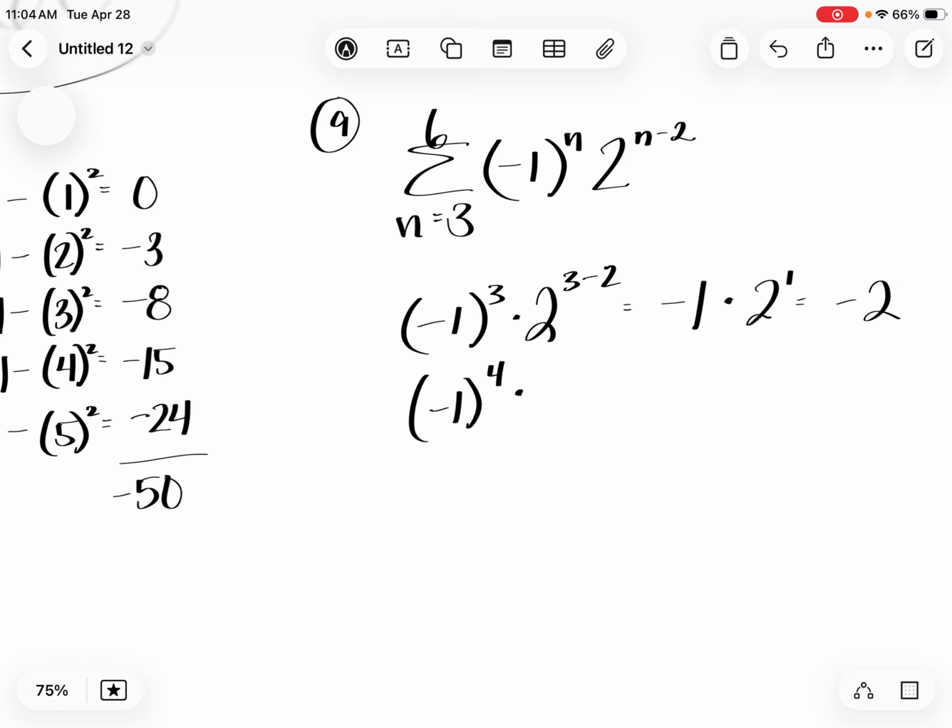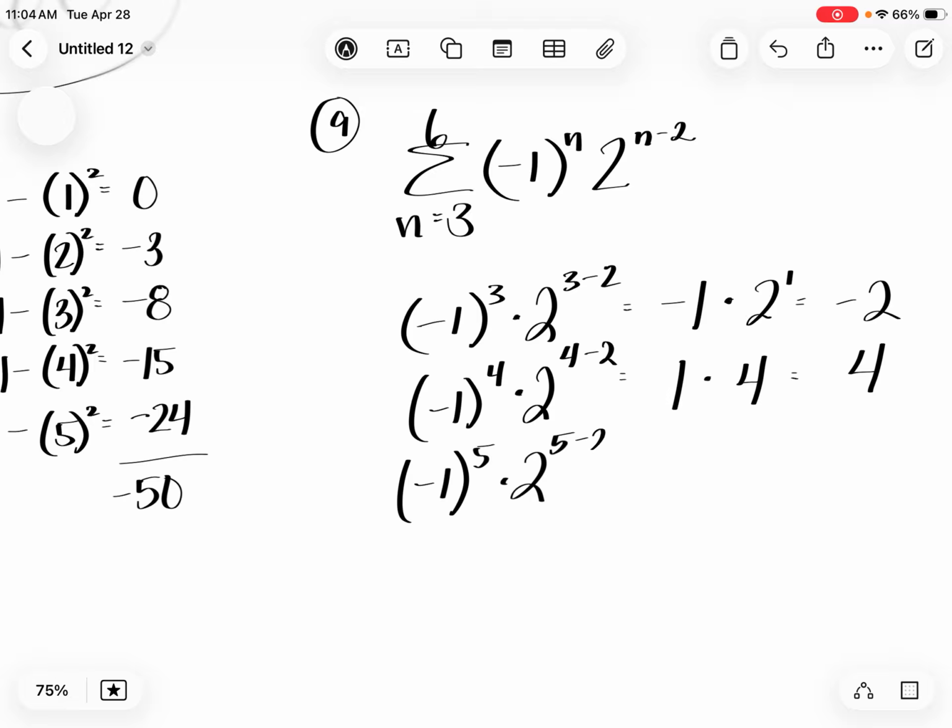Negative 1 to the 4th power, 4 minus 2. Negative 1 to the 4th power is positive 1. 4 minus 2 is 2, and 2 squared is 4. Negative 1 to the 5th power, 5 minus 2. That'd be negative 1. 2 to the 3rd, I get negative 8.